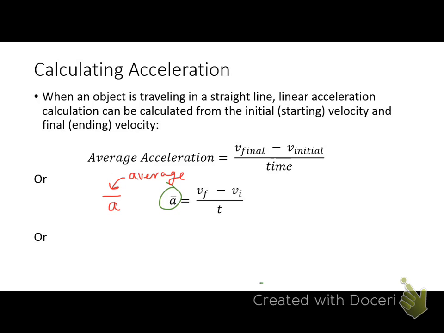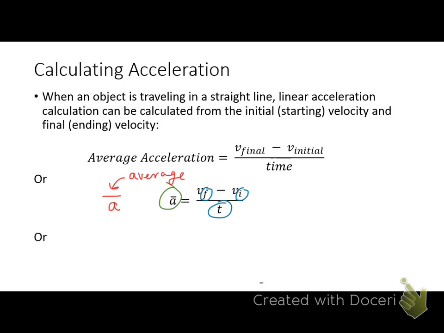So what we do is we take the final velocity, where the little subscript f means final, and from that we subtract the initial velocity. So it's always final minus initial. Final velocity minus initial velocity divided by the time over which that change in velocity occurred.